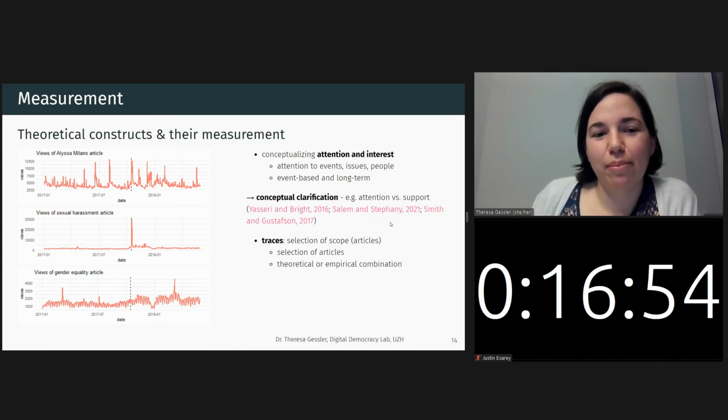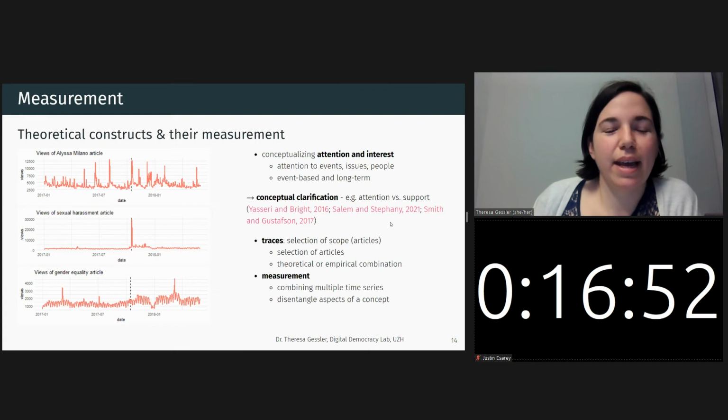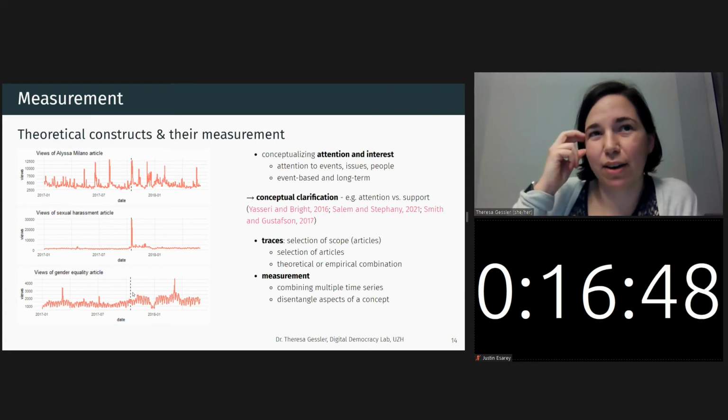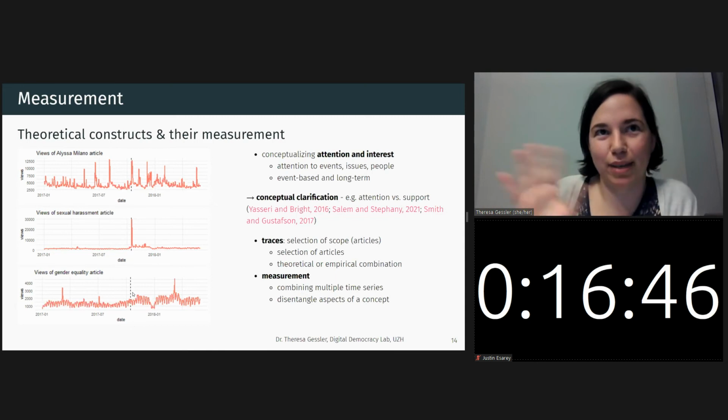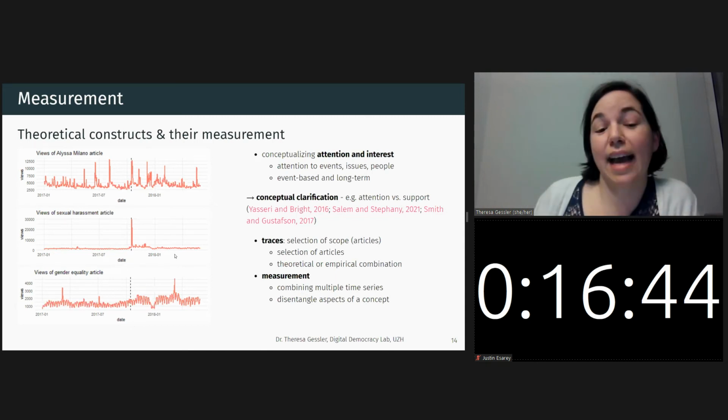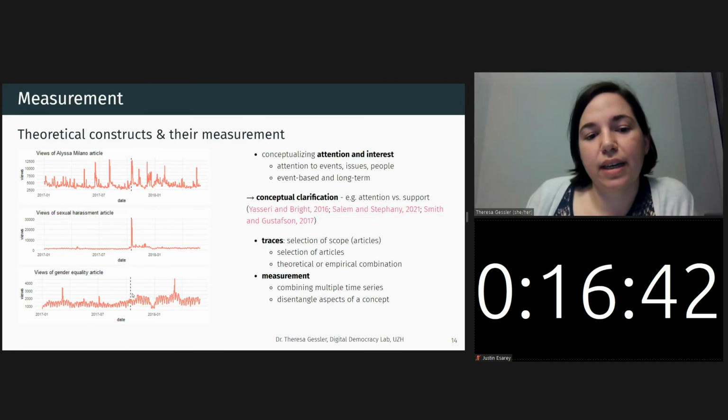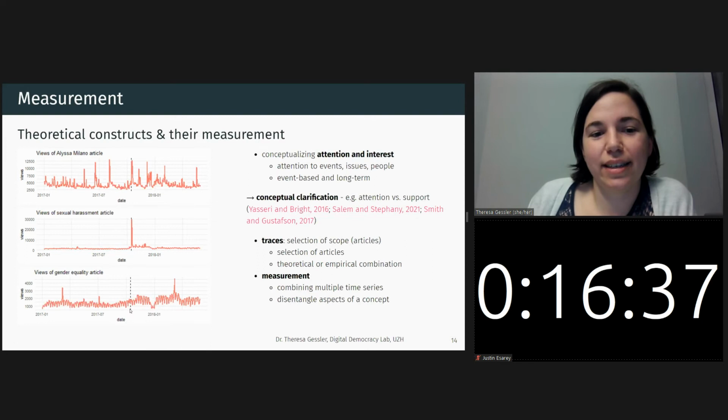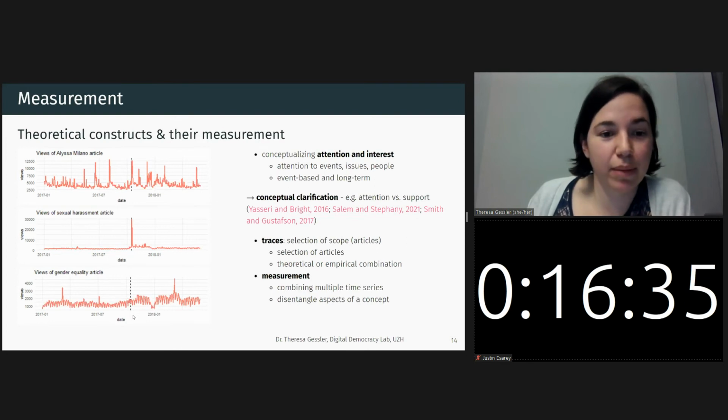I've put an example here on the left: time series data on three articles, selected a bit arbitrarily, but I've also done this systematically in a class with students, looking at different concepts that are all somehow related to the #MeToo movement around the time of the movement.